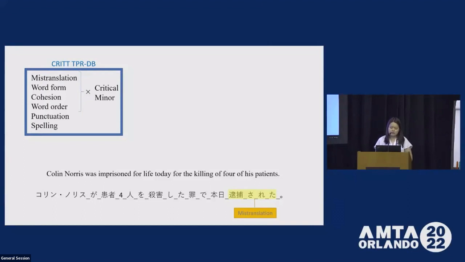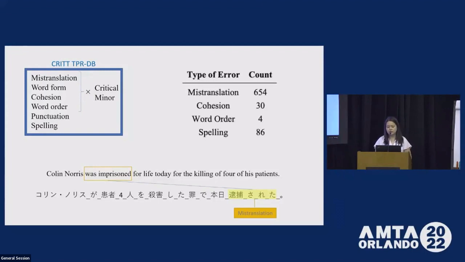In this particular session, this highlighted part was aligned to was imprisoned, which contains one content word, imprisoned, on the source text side. So I counted this error as one error, although there are 4 tokens on the target text side. After all, I found 774 errors in my dataset, according to my counting method, mostly accounted for by mistranslation.